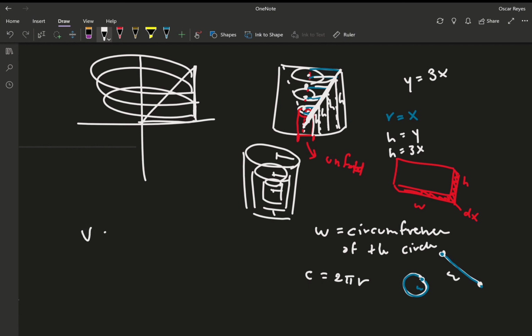So if the volume from an interval from A to B is the circumference times the height times the thickness.